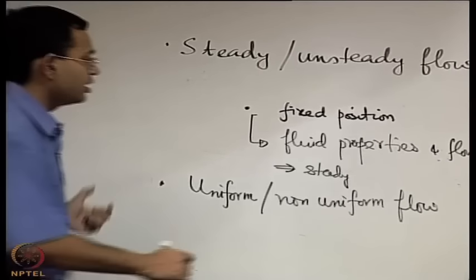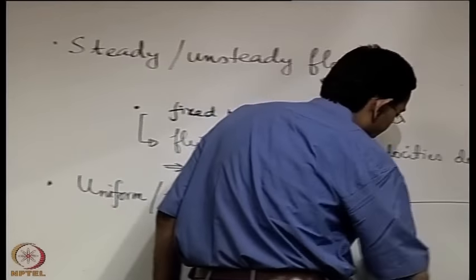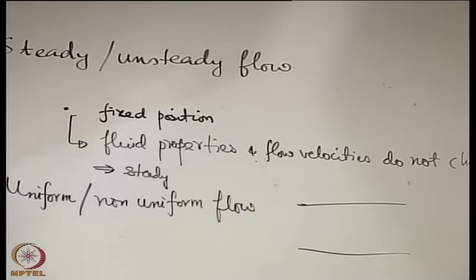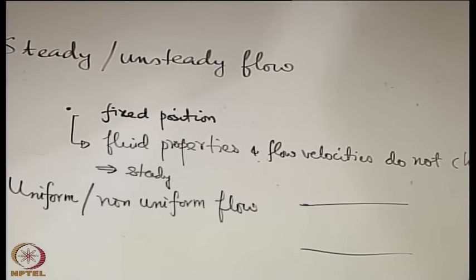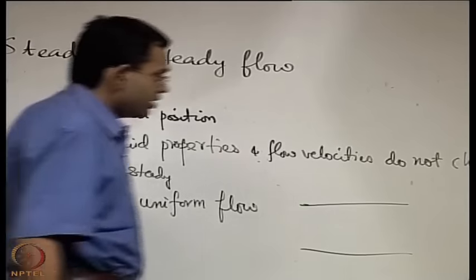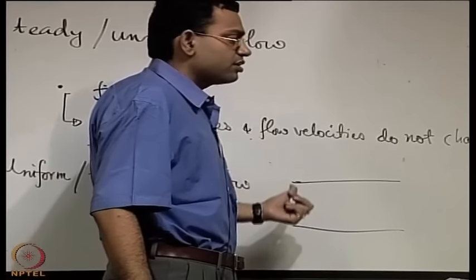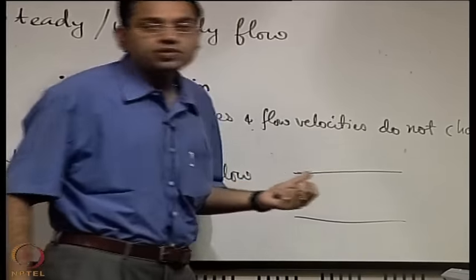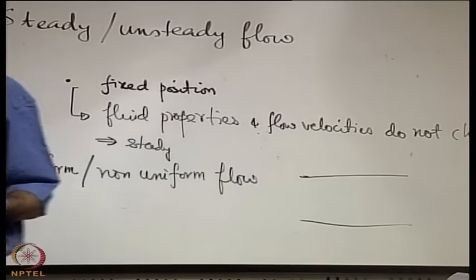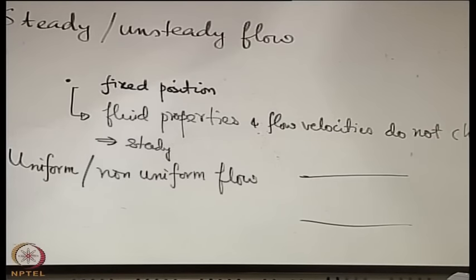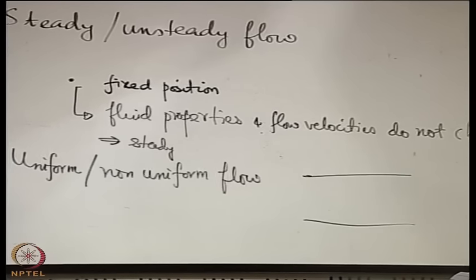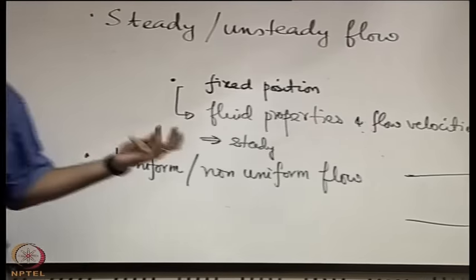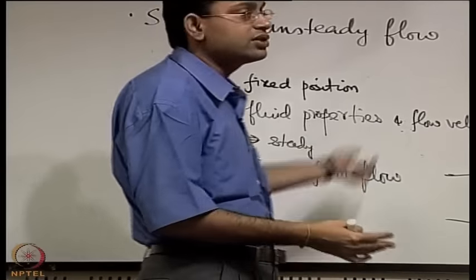That means let us say that you have a domain in which flow is taking place. In technical terminology sometimes we call it a flow field. What is a field? A field is a domain over which some influence is felt. So when you have a flow field, it is basically a domain over which the influence of the flow is felt.